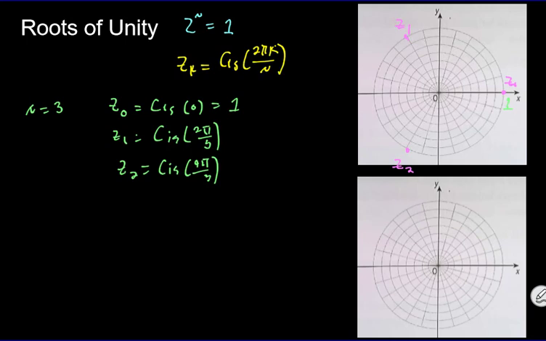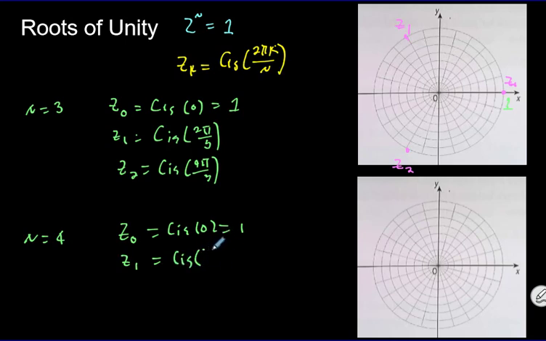Now, what about when n equals 4? Well, the first one, we're going to get the same thing, CIS of 0, and this is going to be equal to 1. And then at z of 1, I'm going to get CIS of pi over 2.